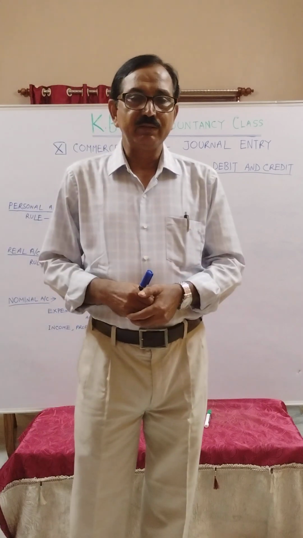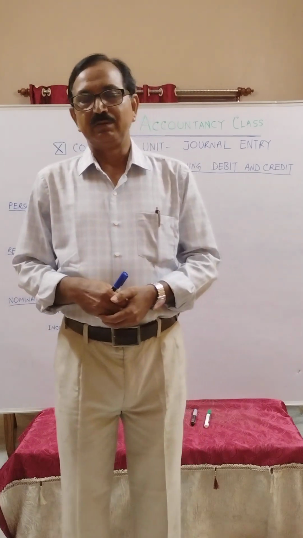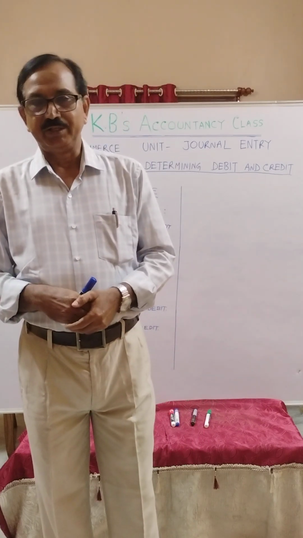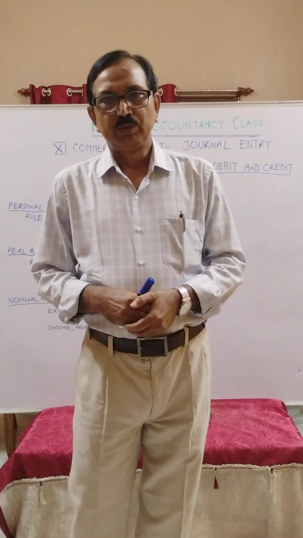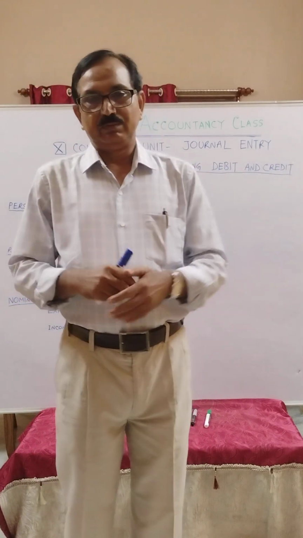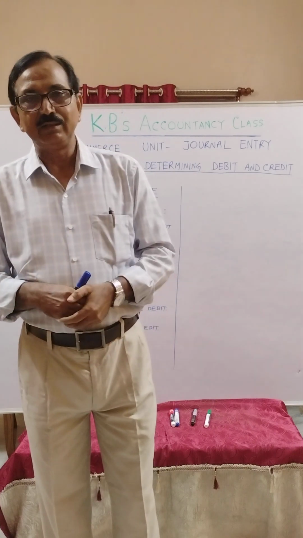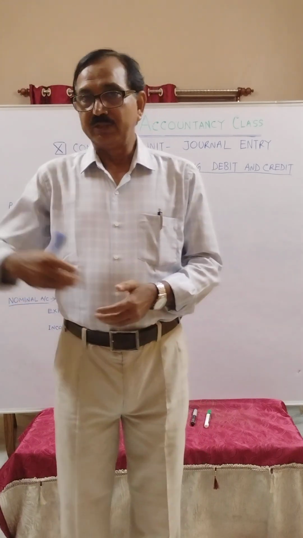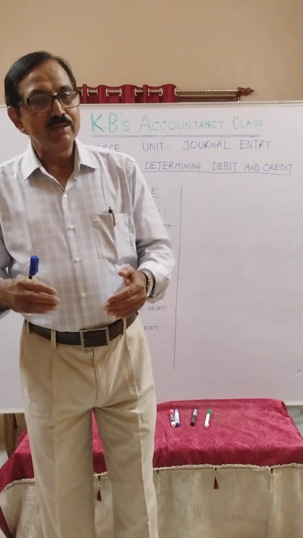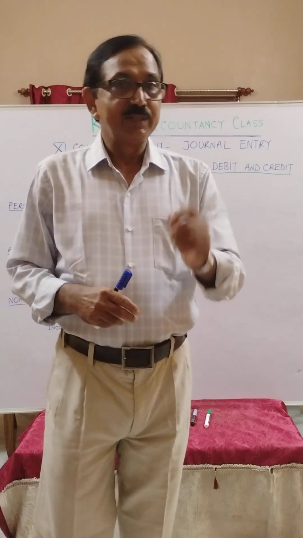Now the question is, how should we determine the debit and credit? In the previous class, I discussed that there are two basic rules. One is the golden rule and the other is the accounting equation method. Today, I shall discuss the golden rule.